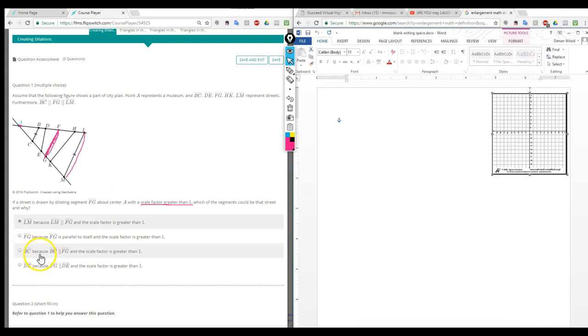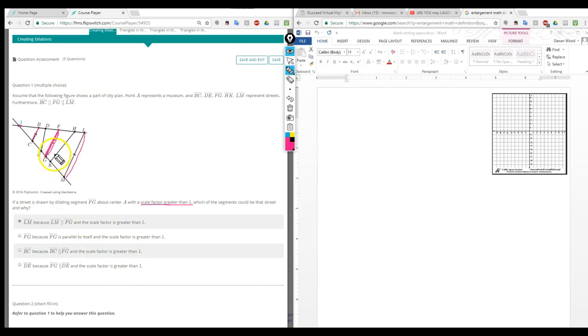Alright, BC, because segment BC is parallel to FG and the scale factor is greater than 1. Well, if we look at BC, it is parallel, but the scale factor is not greater than 1 because it's smaller than FG, so it was reduced. Segment DE, because segment FG is parallel to segment DE and the scale factor is greater than 1.